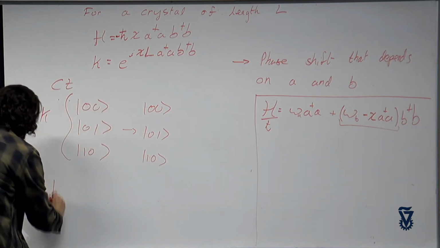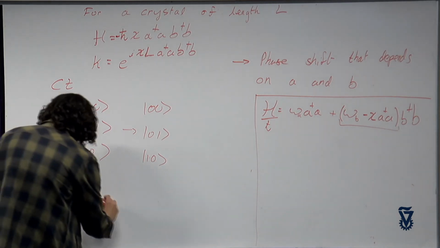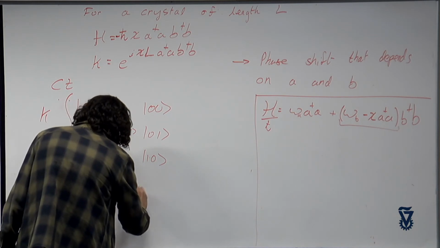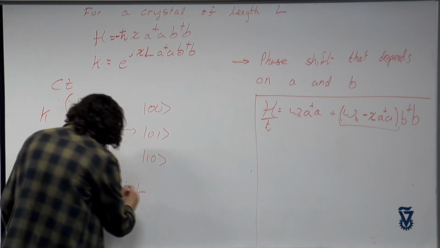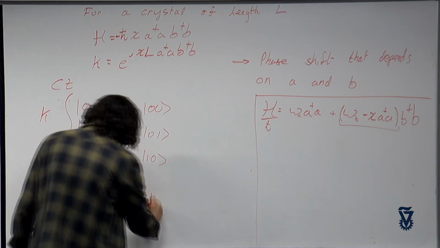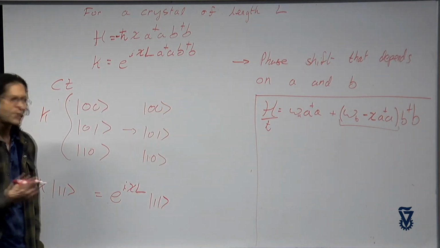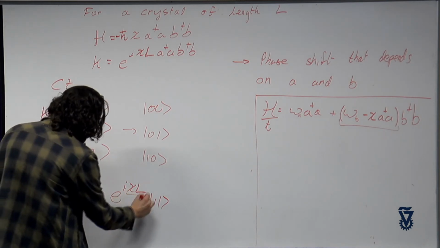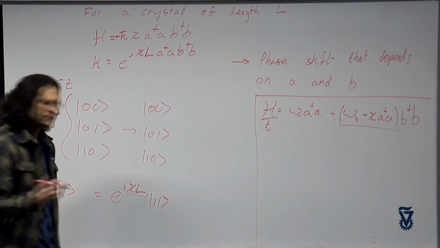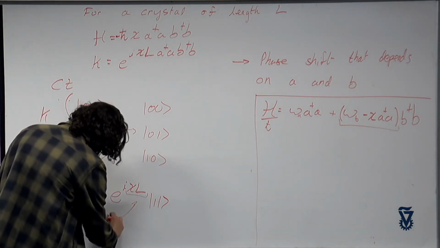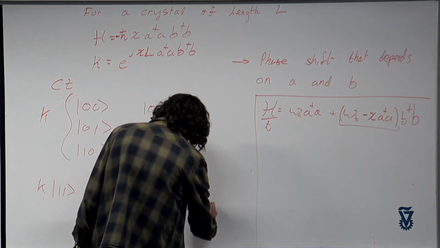If we operate on the state 1,1, then we get, sorry, not K, chi, e to the i chi L, 1,1. And now we need to choose L such that the product chi times L is going to be, anyone? Pi. Pi, exactly. And if we choose that to be pi, then we get minus 1,1.